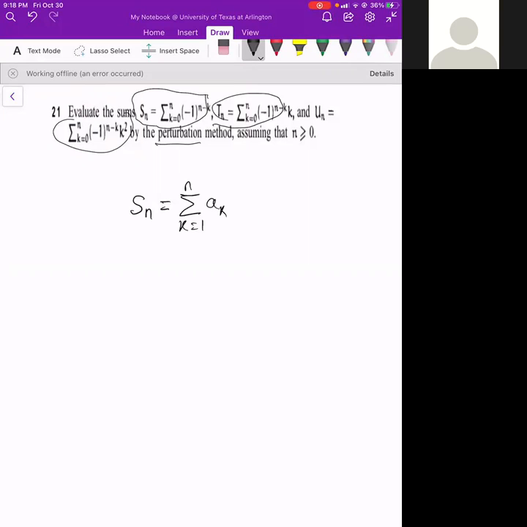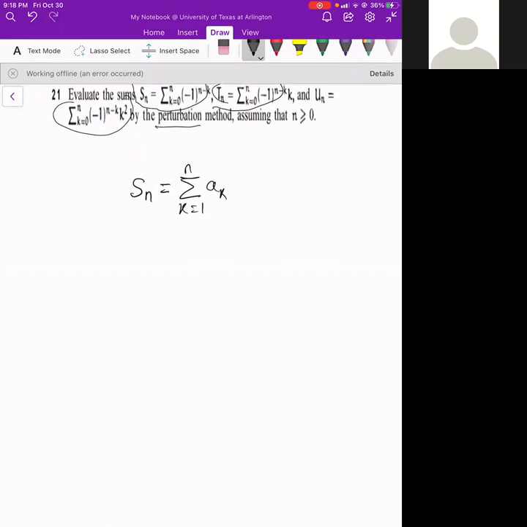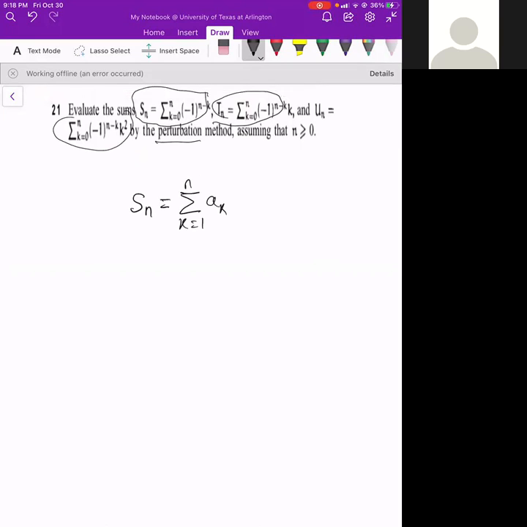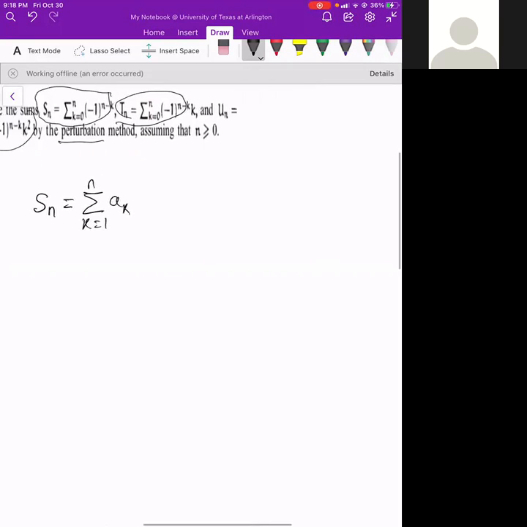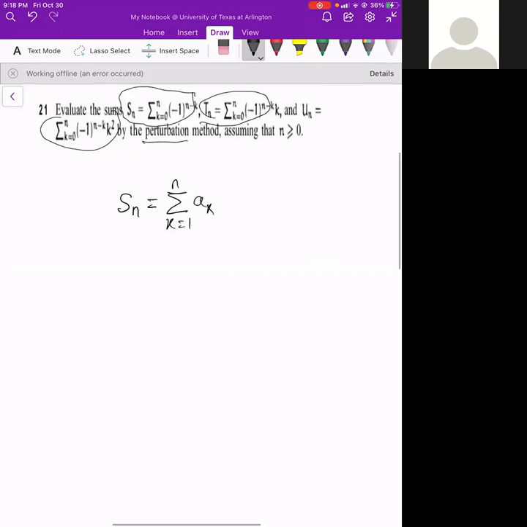In evaluating the sum using the perturbation method, we try to find expressions for S sub n plus 1.